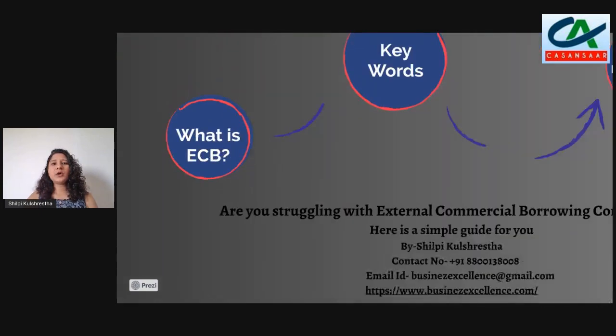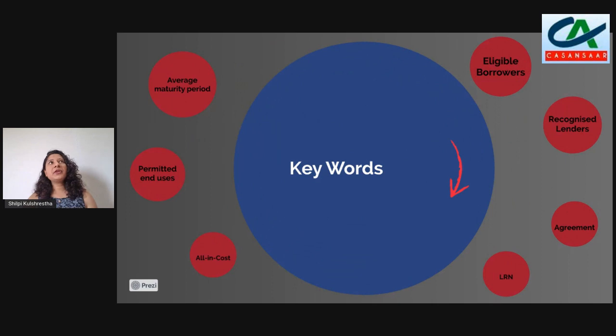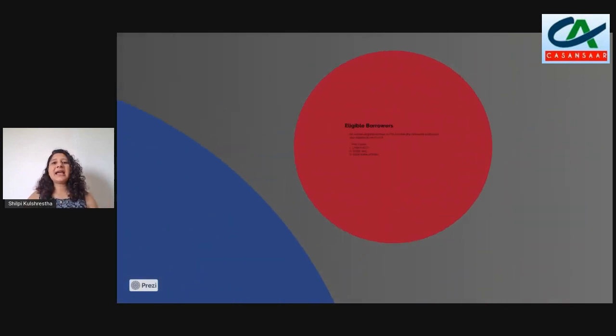Now let's move forward to a very important topic, which is the keywords. Before deep diving into the concept of ECB, it is important to understand the meaning of a few words, because these are words we are going to use again and again in this particular concept. So let's understand eligible borrowers.